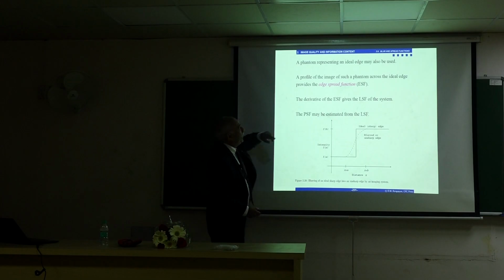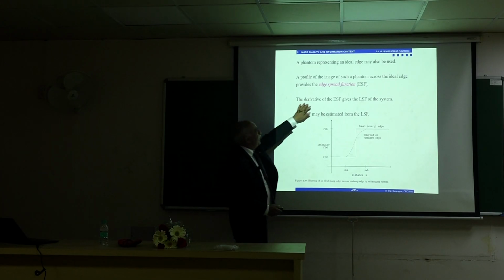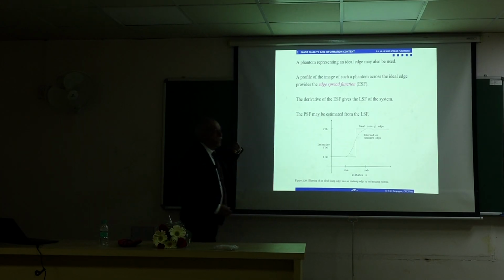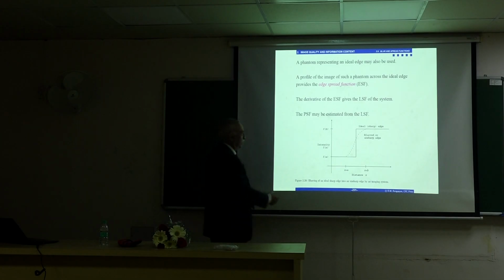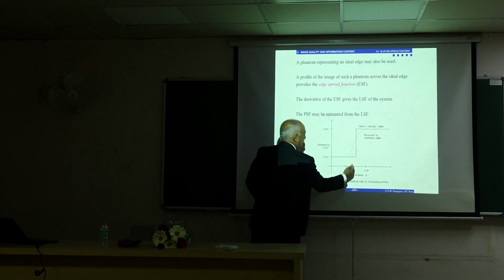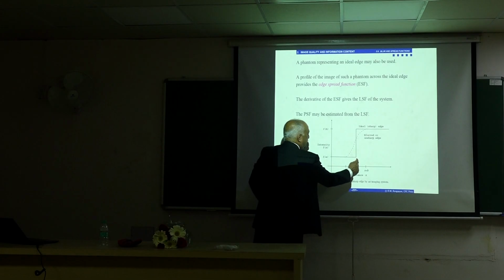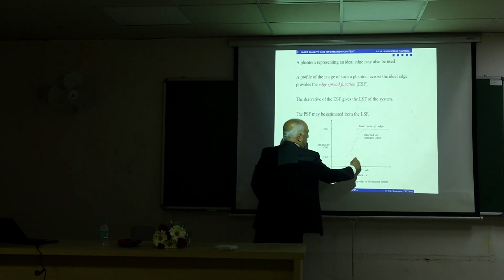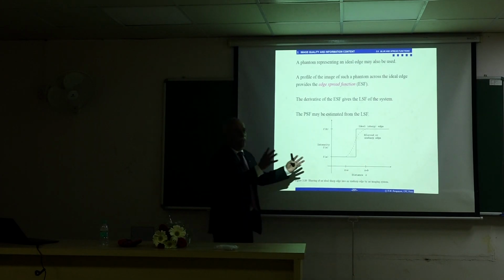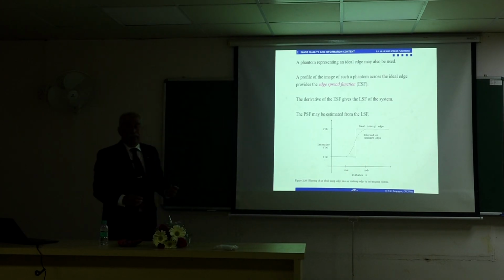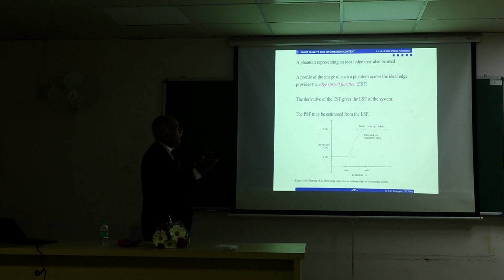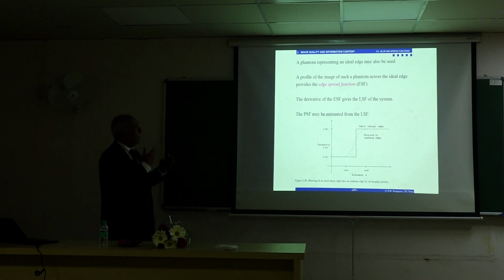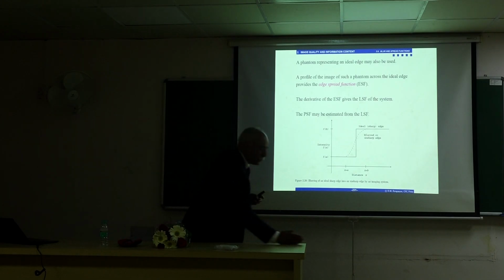The derivative of the edge spread gives the line spread. So if you take the derivative of this along x, of the ideal, it should be just an impulse. But now it's blurred, so the derivative will be something like a Gaussian function. So coming from the edge to the line spread is just a derivative in that direction.